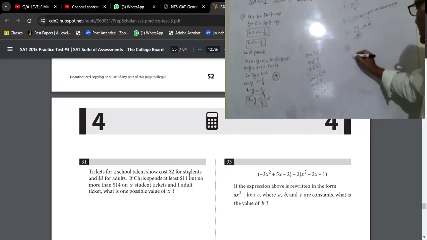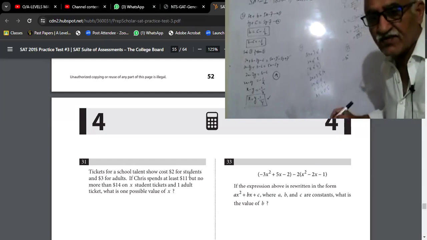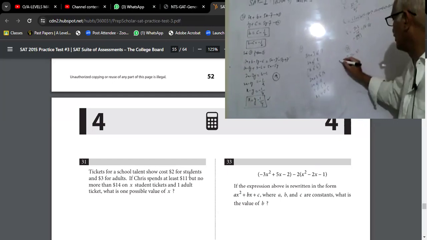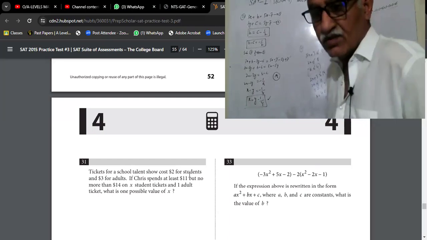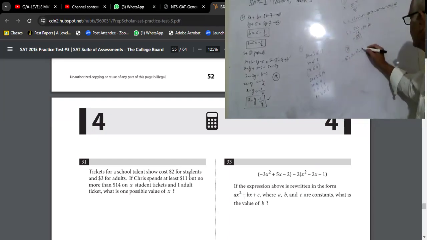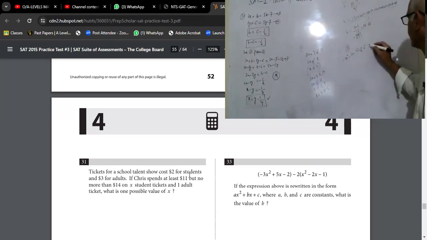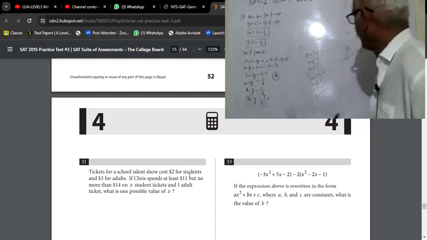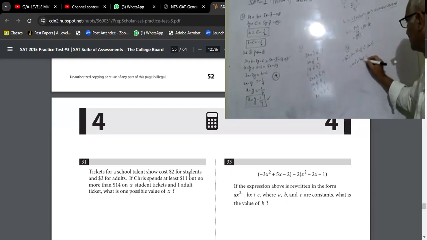So minus 3x square plus 5x minus 2 minus 2 into x square minus 2x minus 1, which is equivalent to ax square plus bx plus c.